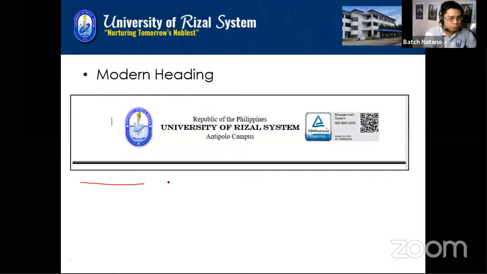If you will be using modified or semi-block, then put the date line here. Okay, so that's for the modern heading. Again, for the modern heading or letterhead, there's no need for you to indicate the address. That's already redundant. So instead of that, just indicate the date line.